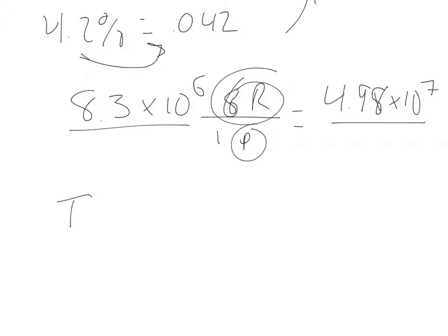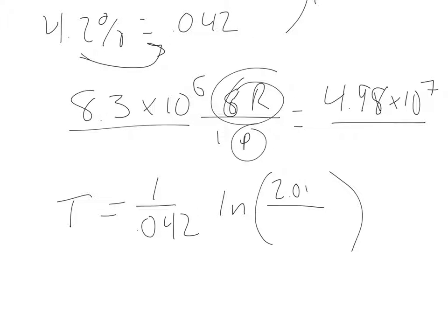So let's take our new values and substitute them into our equation. The time would be 1 over 0.042 times the natural log of our final population, 200 million, 2.0 times 10 to the 8th, over our initial, 4.98 times 10 to the 7th.